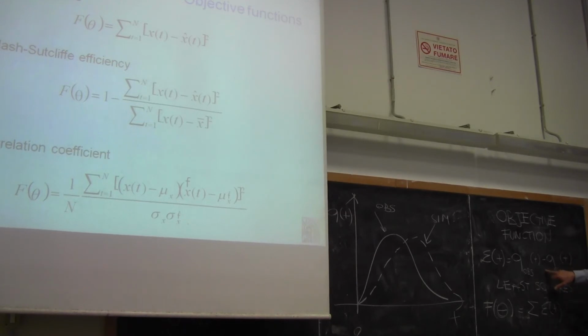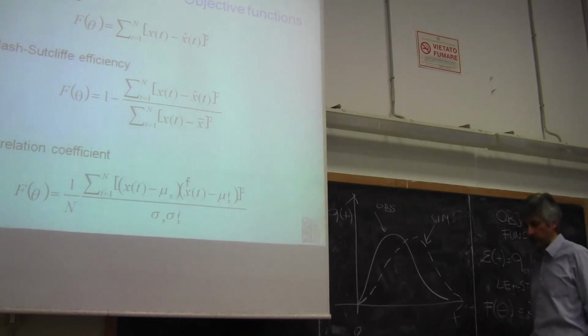I have the simulation error, I square it, I take the summation of all the squared errors, and then I get my objective function. And you can easily understand that if the simulation is perfect, the sum of the squared errors is 0. If the simulation is wrong, then you get an increasing value of the sum of the squared errors.